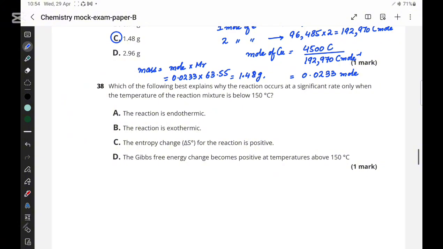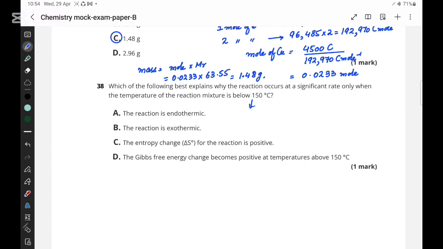Which of the following best explains why the reaction occurs at a significant rate only when the temperature of the reaction mixture is below 150 degrees Celsius? So they are saying the reaction is feasible at below 150 degrees Celsius. So which explains that?